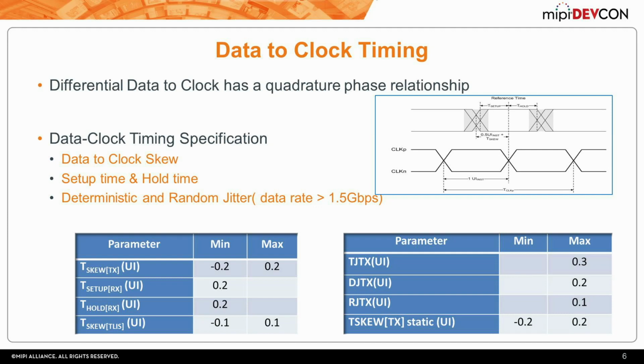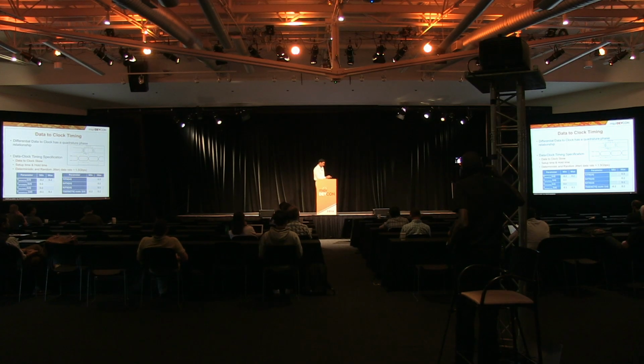So it is specified in the form of total jitter, deterministic jitter, and random jitter for devices operating at more than 1.5 gig. The timing budget essentially says that this is the minimum observable jitter with which the receiver needs to perform at the maximum data rate. That's the implication of data to clock timing jitter.